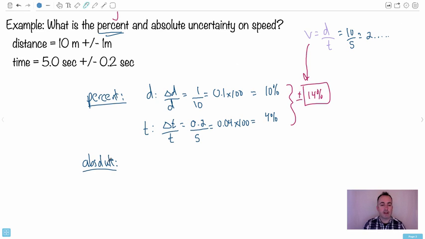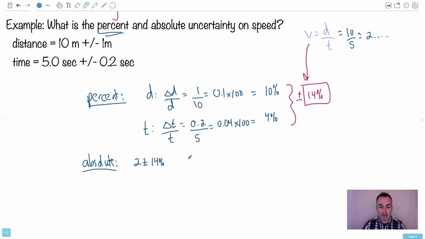So here's the thing. To find the absolute uncertainty, we can just use the percent uncertainty. We know that our value is going to be 2 plus or minus 14% of 2. So all you have to do then is multiply with your trusty calculator. I'm going to do 2 times 0.14, and I get an answer of 0.28.